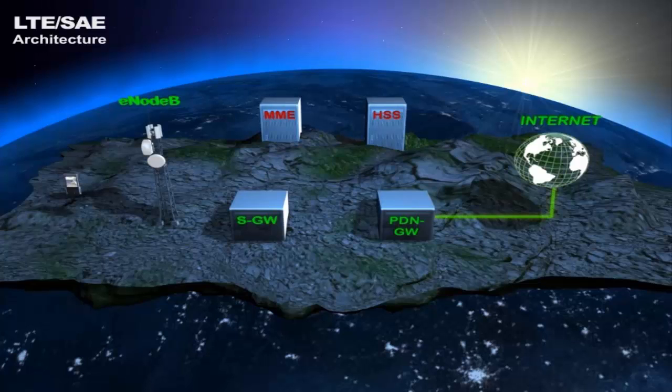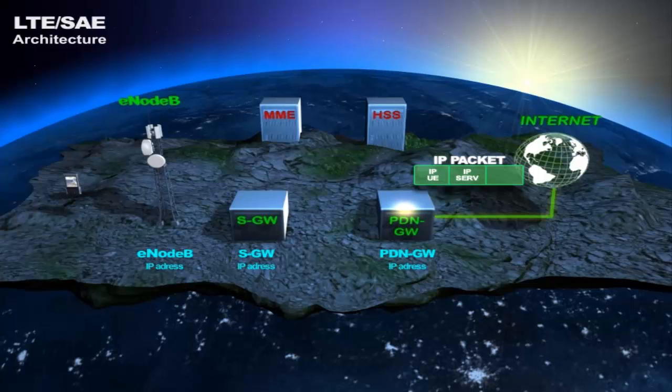So, now let's take a look at the user plane. When an IP packet carrying user data reaches the PDN gateway, the network will start to tunnel the packet. The reason for tunneling is to make the handover more efficient from a routing perspective. Tunneling means putting an IP header in front of the original IP packet. Every node in an IP-based network has its own IP address. Let's call it an internal IP address.